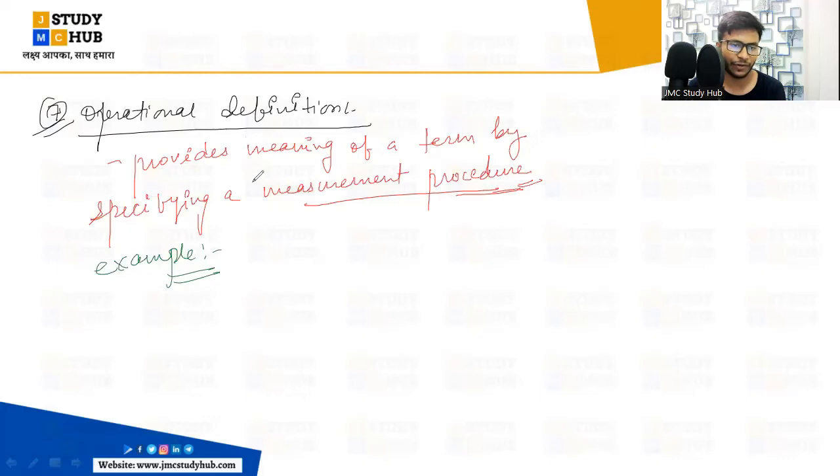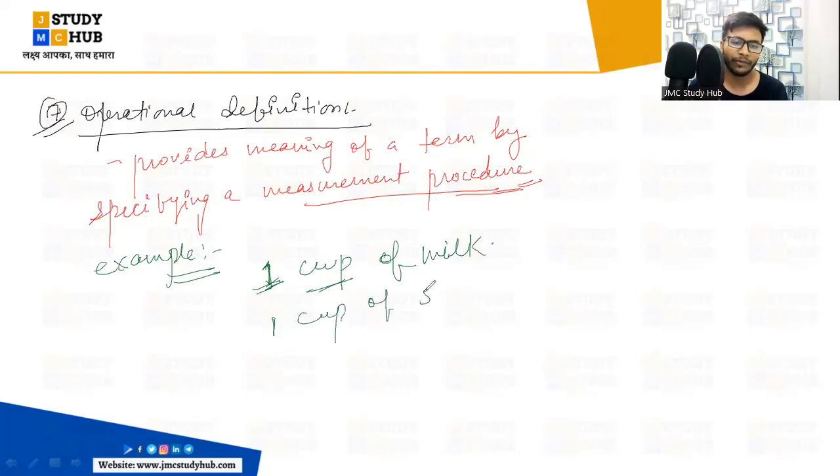Her height is 6 feet. Okay. It could be, for an example, 1 cup of milk, right? 1 cup of milk or 1 cup of sugar, right? His height is 6 feet.